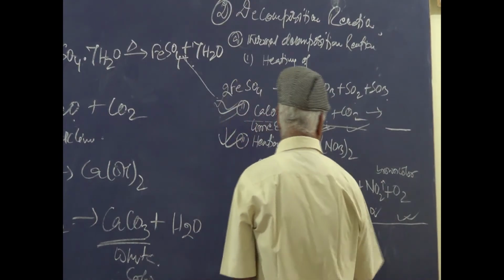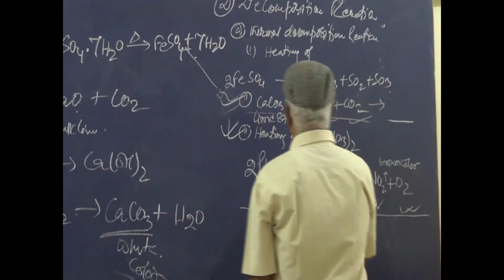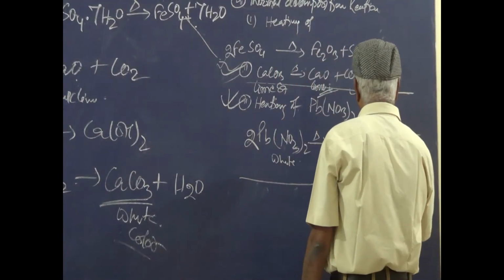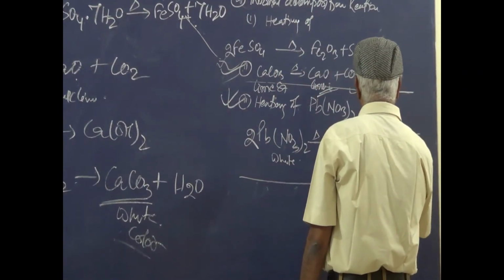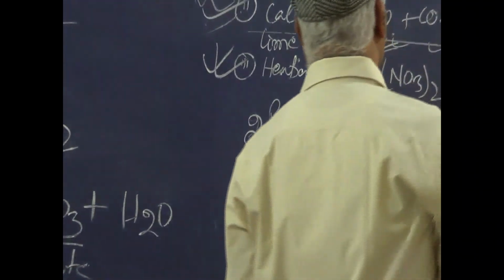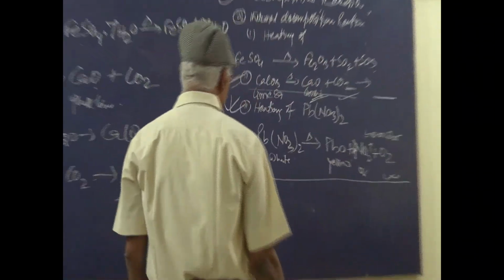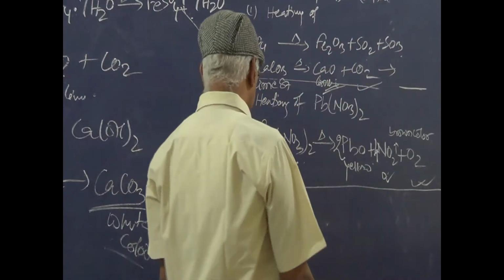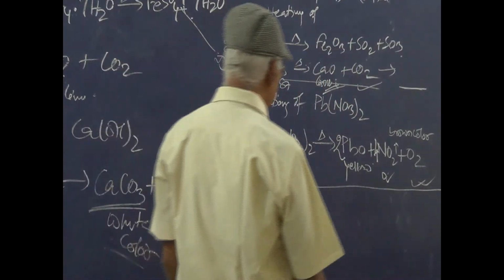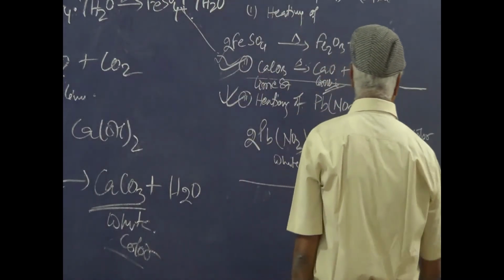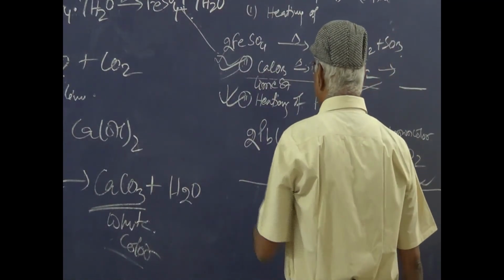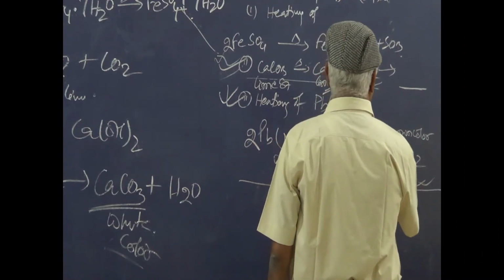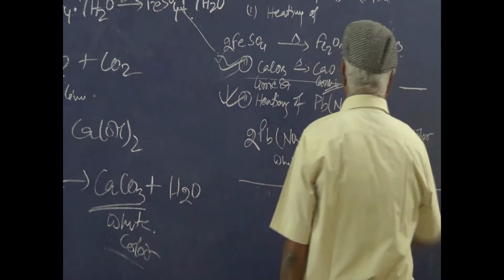Now how many nitrogen do you have? 2 and 4, then 4 NO2. Lead 2, then put lead 2. How many oxygen? 4 to 8, here 3 to 6 to 12. Now you have 4 to 8 to 10 and 12, which is balanced.